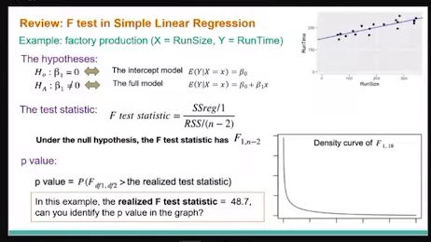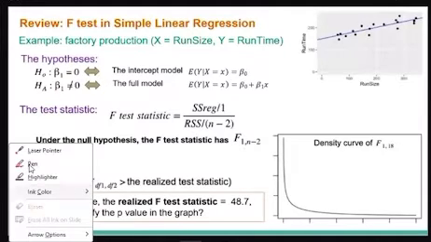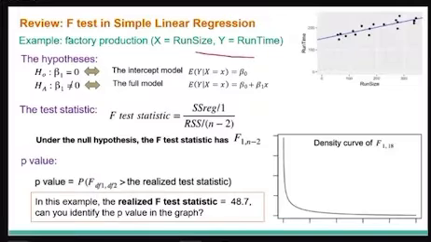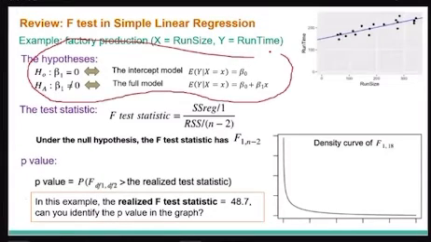I want to work on an example in factory production, where we want to characterize the relationship between run size and run time. If you are testing, I need you to look at the hypotheses right now.